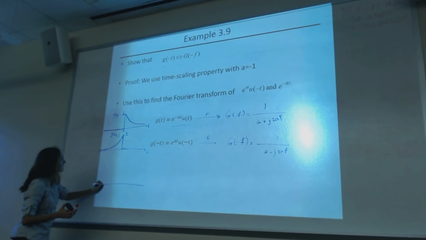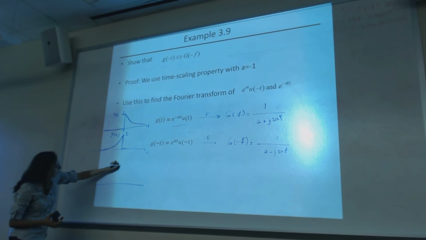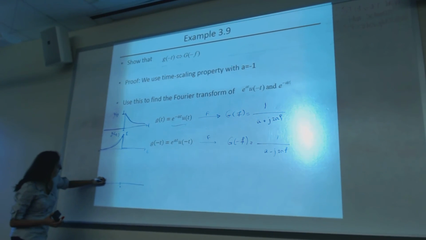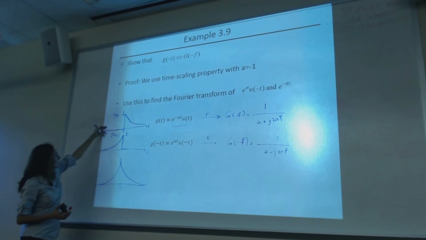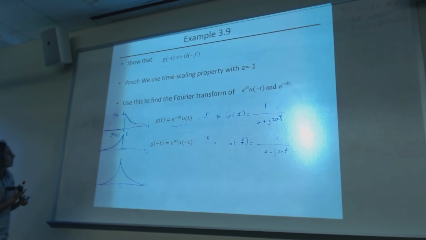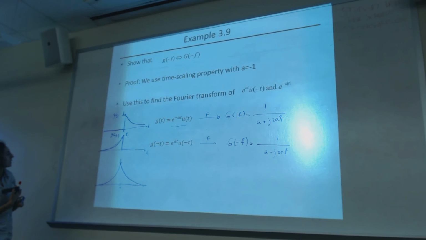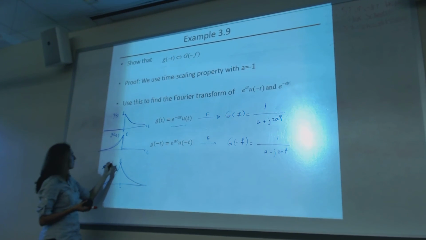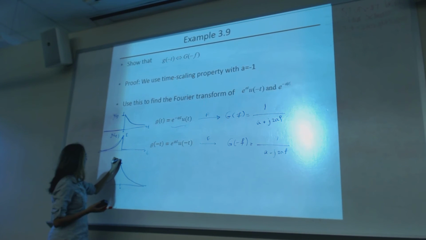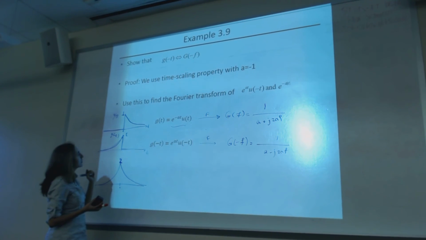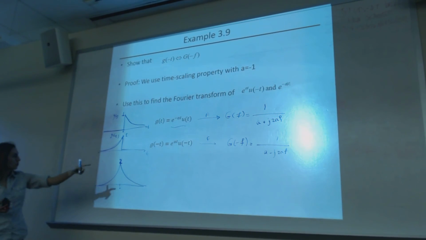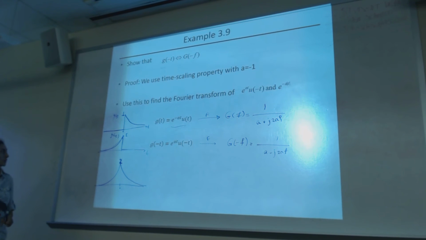Now if I combine these two together, let's say I add these two, I will get something like that. So what do you think would be the Fourier transform of this?